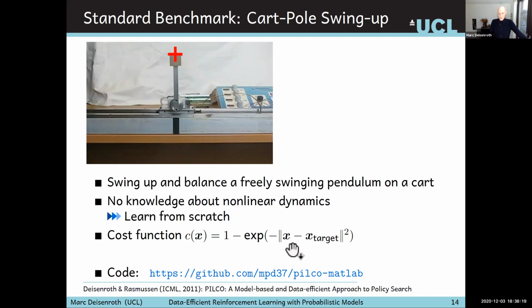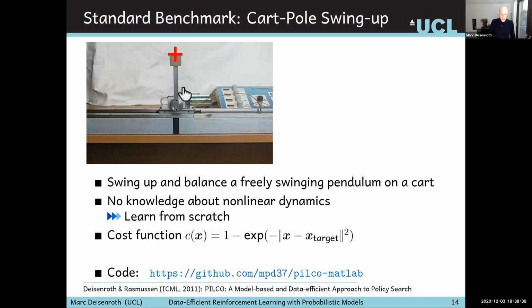The distance is the Euclidean distance between the tip of the pendulum and the red cross. So there are no penalties on velocities or on control signals. It's really just the Euclidean distance that is being penalized here.